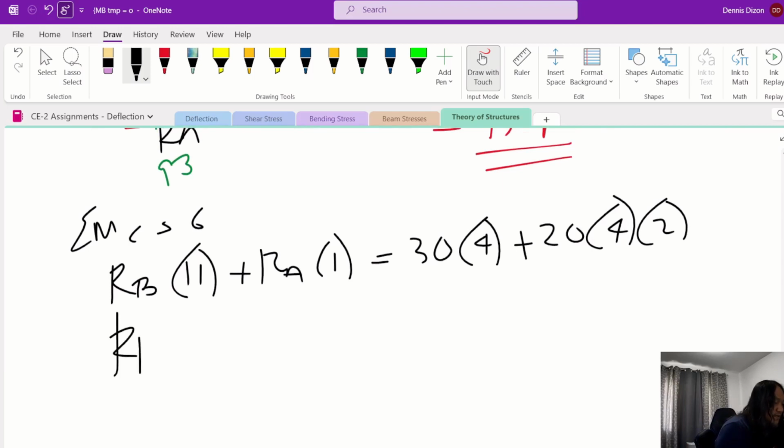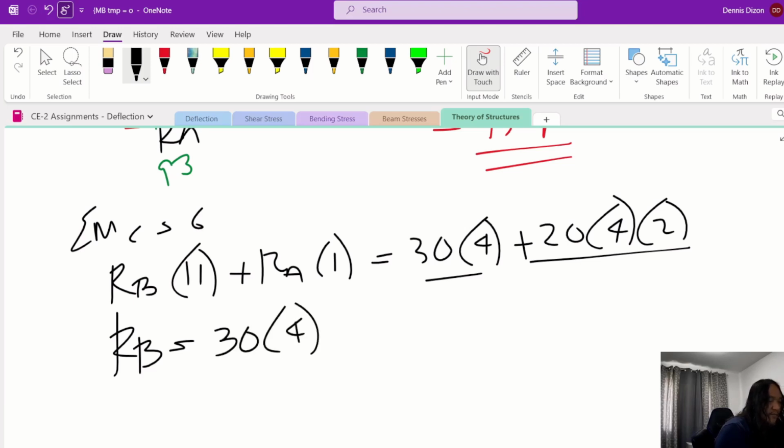Therefore RB is equal to 30 plus this one, and then minus, so we will just simplify this one. 30 times 4, or rearrange.